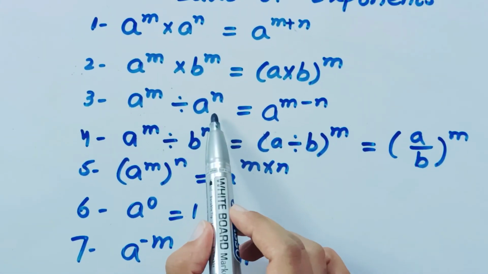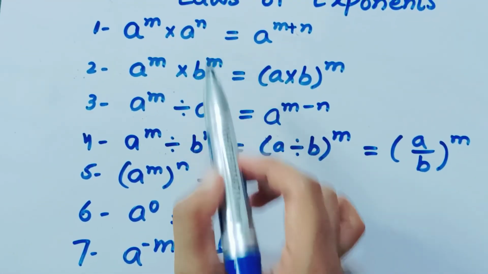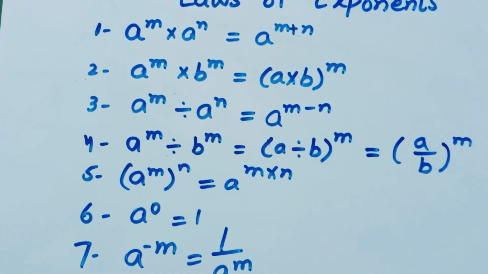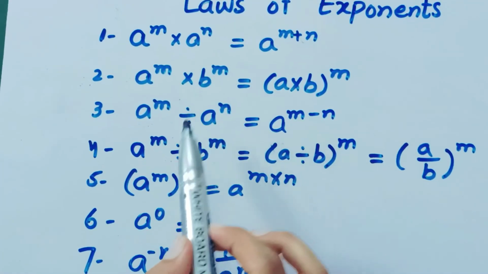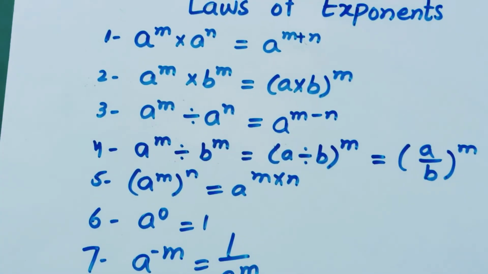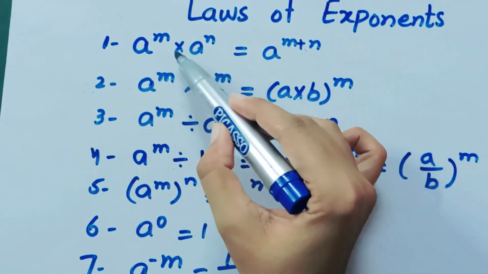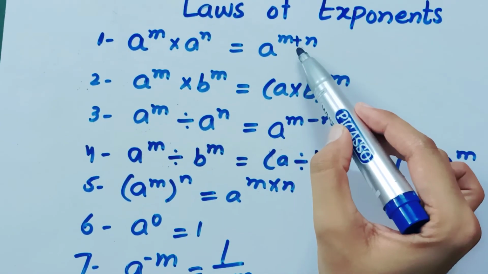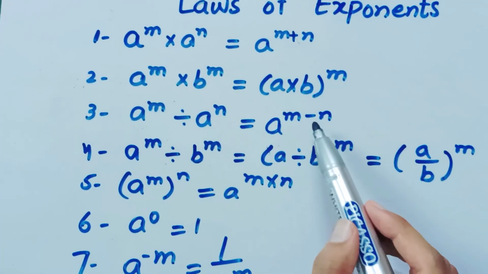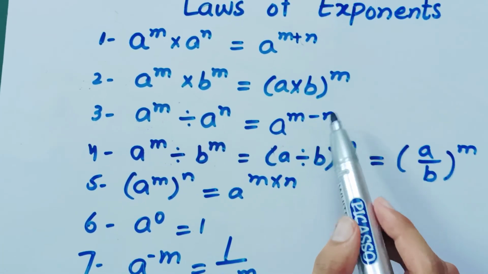This law is opposite to the first law, and the fourth law is opposite to the second law, because multiplication and division are inverse to each other. So if we have a multiplication sign, then we will add our exponents. If we have a division sign and the same base, then we will subtract our exponents.